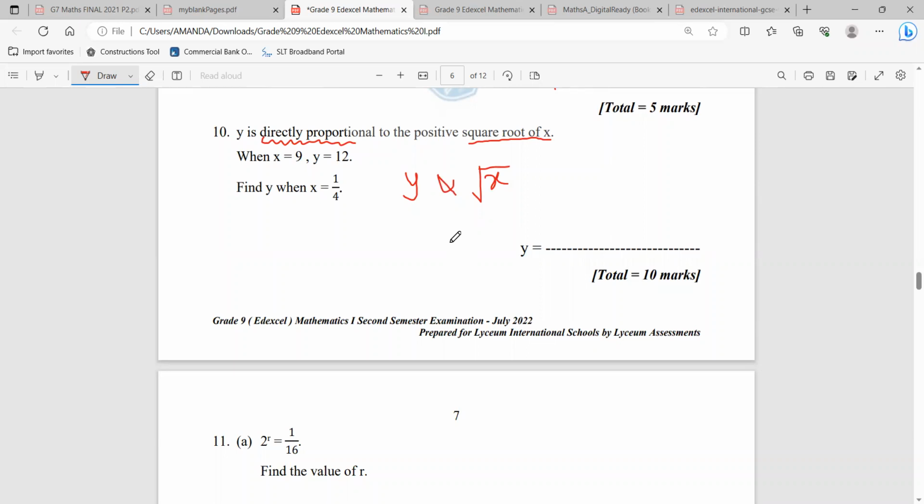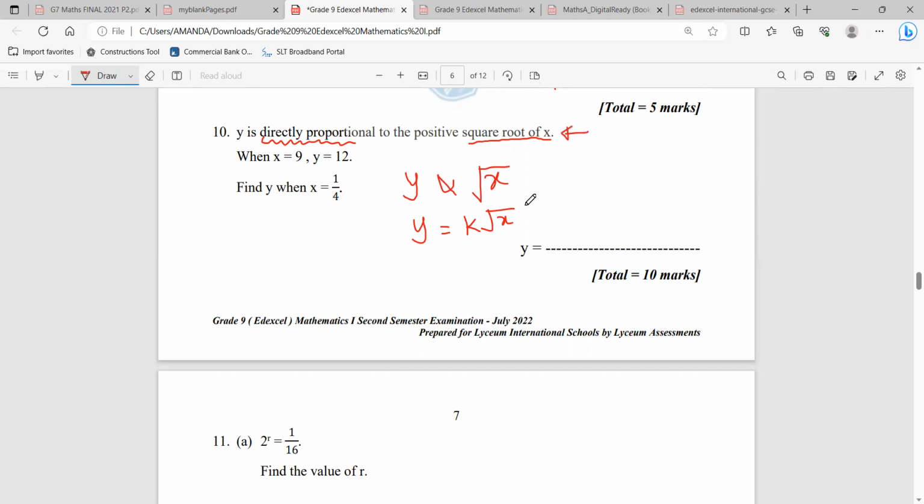That means y can be written as k times the square root of x. I hope you have learned this. Y equals k square root x is what you can write from the information in this line.